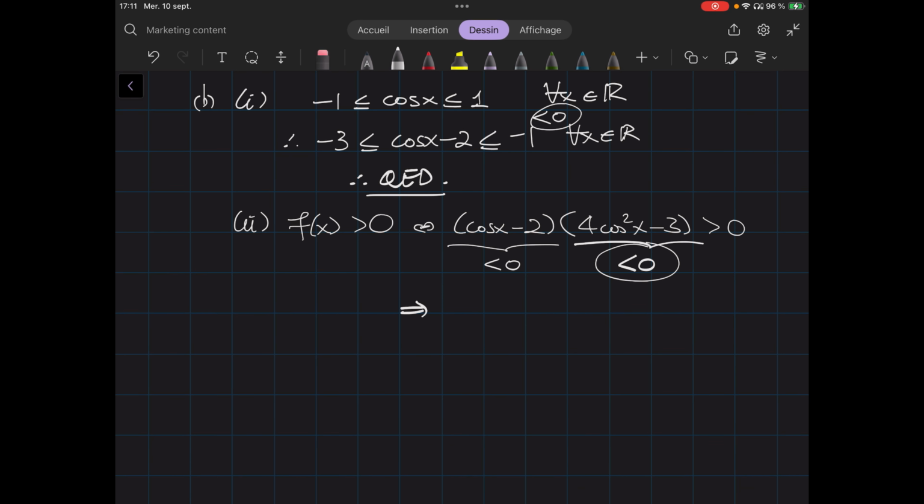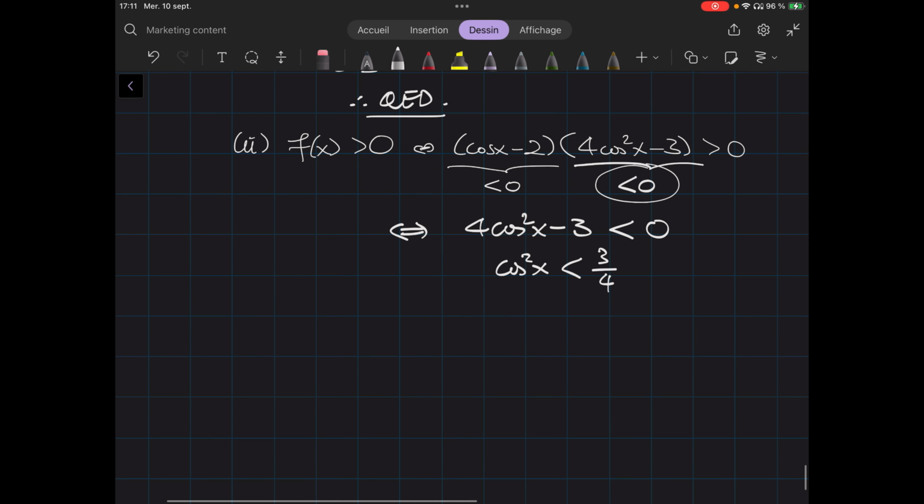Therefore, for this to be true, 4 cos squared minus 3 has to be less than 0, or cos squared of x is less than 3 by 4, or cos of x is between negative root 3 by 2 and root 3 by 2.